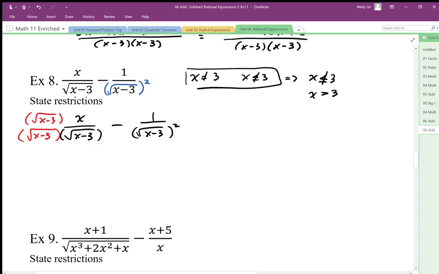So there I now have a common denominator, and I can now add those fractions together. So I end up with x root x minus 3 minus 1. There are no like terms here, so don't try to add it together. And I'm just going to express my denominator as just x minus 3. So there it is. Okay, now I do have restrictions because I can't divide by 0, but I also can't have negatives in my square root.